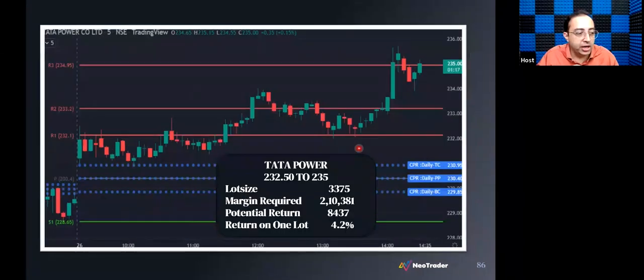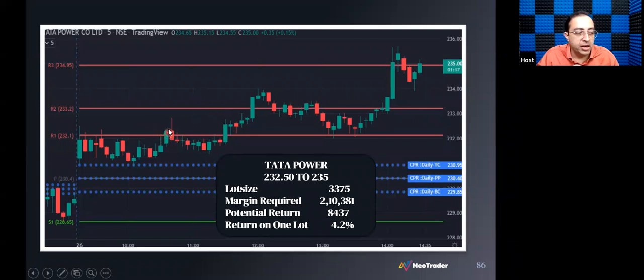Now you will see here that in this scenario, for example, prices are opening above the CPR, prices move above R1, and then at R3 you have a profit booking zone, right? That's the whole idea. So what you are seeing here is that once the prices go above R1, you have to wait for a confirmation and follow through.